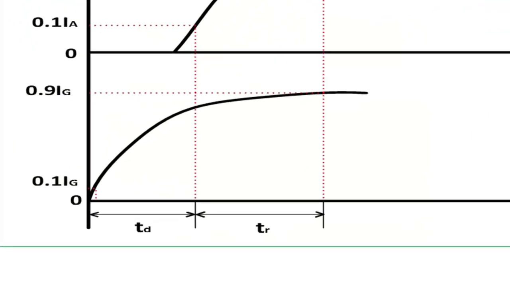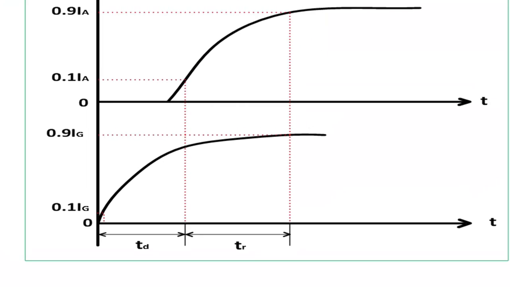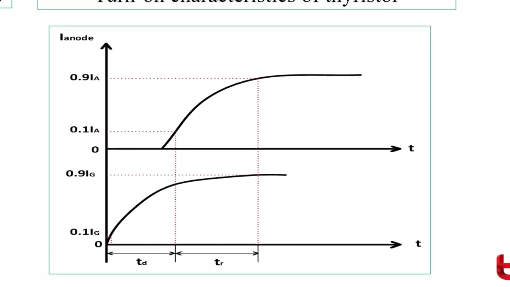Here two times are drawn, the delay time and the second one, the rise time. Delay time is the duration when the gate current increases from 10% of Ig to achieve 10% of the rated anode current. Now after 10% of the anode current, when the anode current reaches 90% of Ia, 0.9 Ia, we can say our thyristor is completely on, or it has achieved a value more than the latching current.